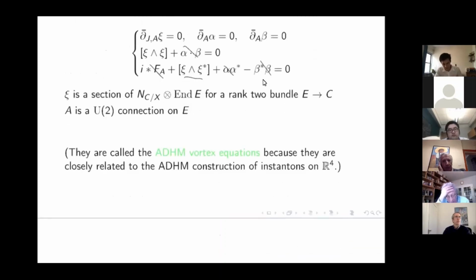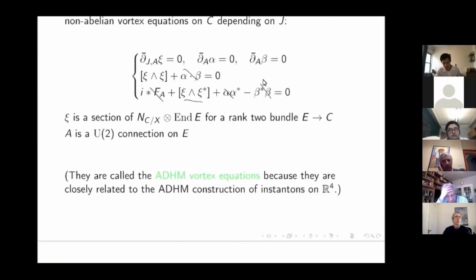As you explained in your work with Siegel, the point is that you have C and a normal bundle, and on every normal fiber you are doing the ADHM construction.